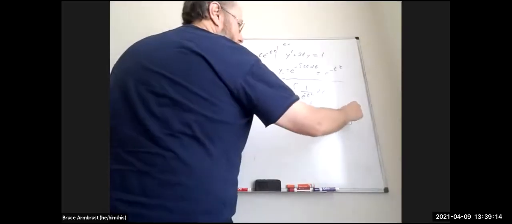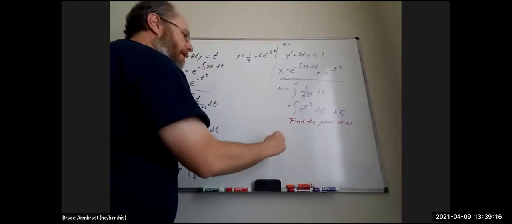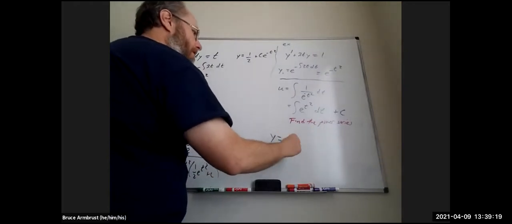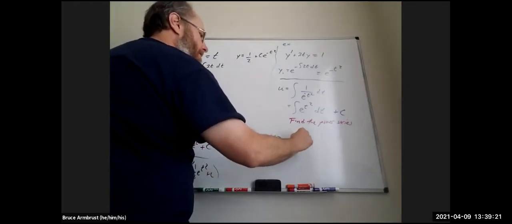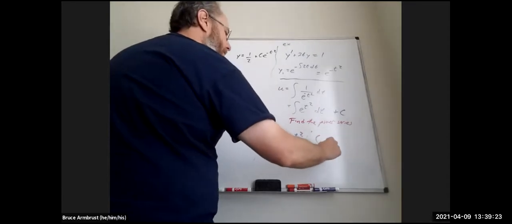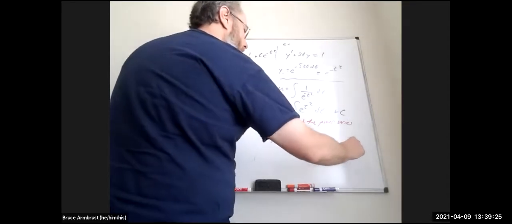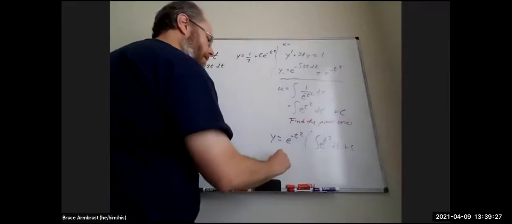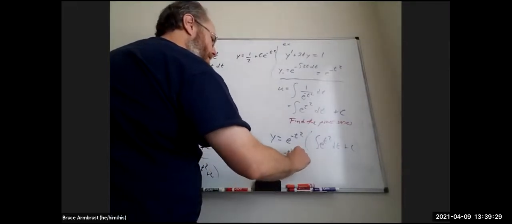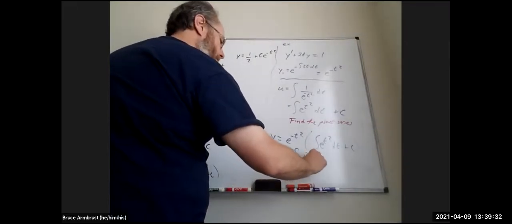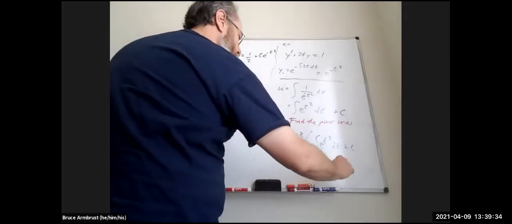We're going to get this integral and then a plus c. So our solution is going to be e to the minus t squared times this integral plus c e to the minus t squared.